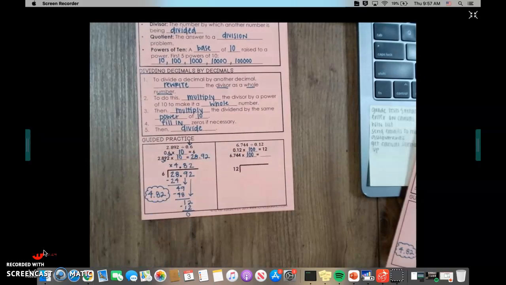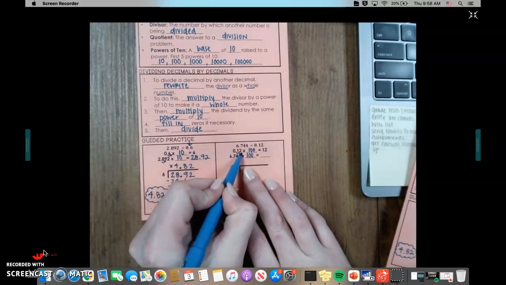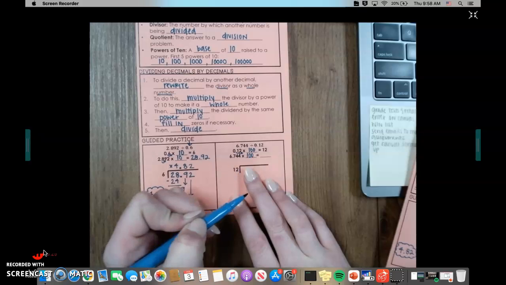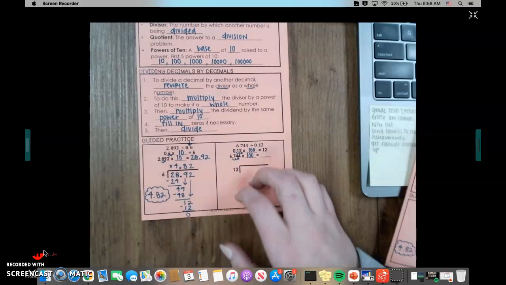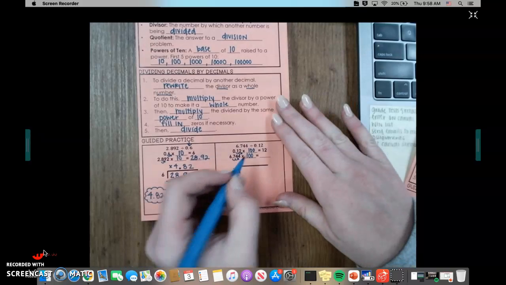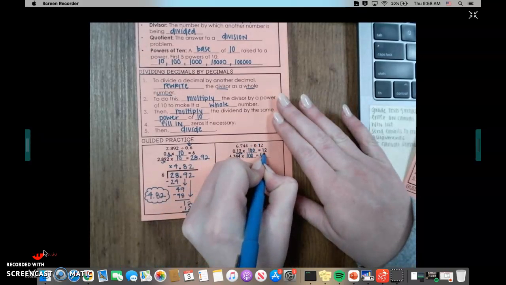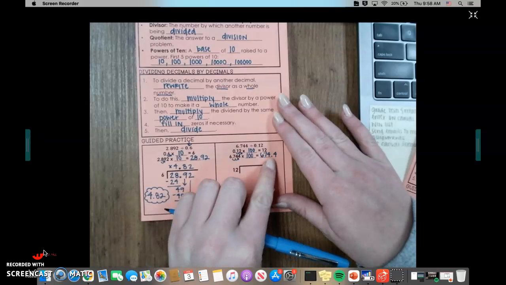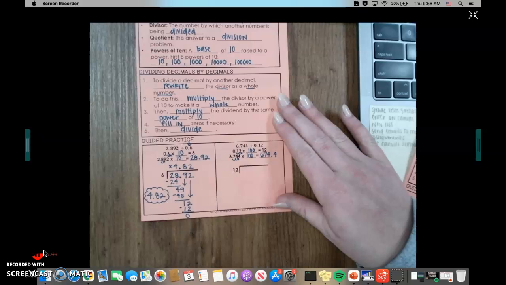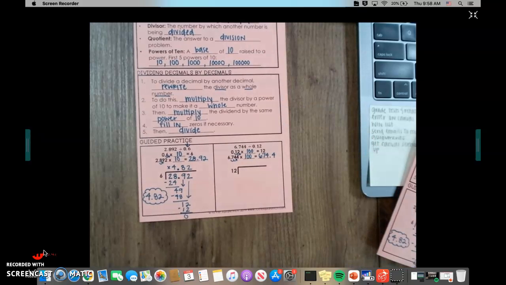And remember, we can't use any calculators, so use the secret. If I moved my decimal place over twice, because I multiplied by 100, I have to move this decimal place over twice. So my new number should be 674.4. Right? All I did was scoot that decimal place over 2 times to the right, which is the same thing as multiplying by 100.